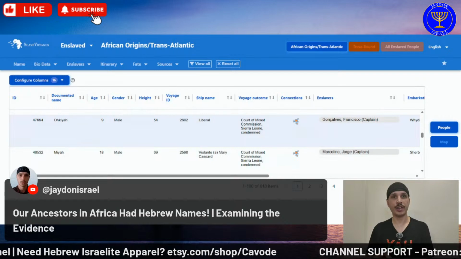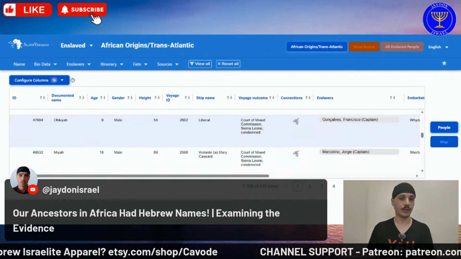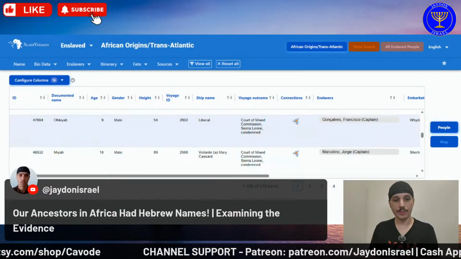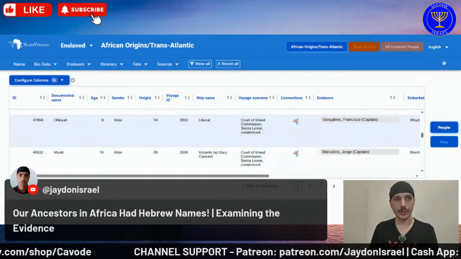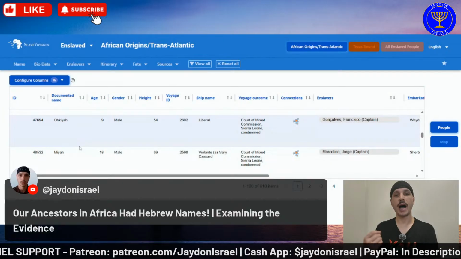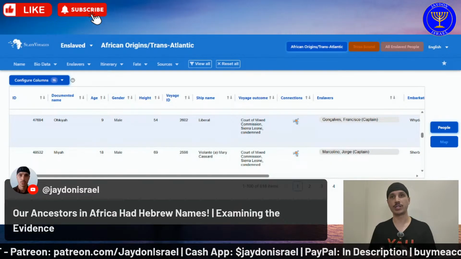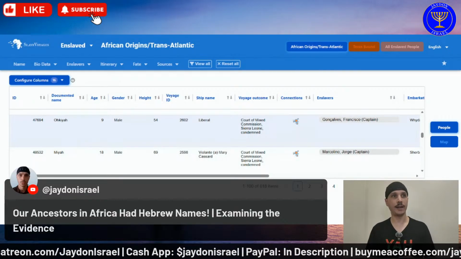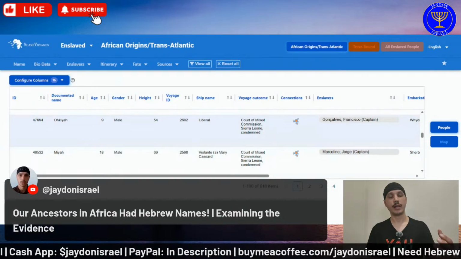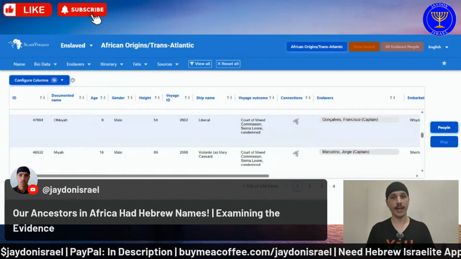It has other African linguistics. So I'm looking at these names and I can tell they're not, when I say pure Hebrew, I say that it's not biblical Hebrew names, but they're hybrid names. These names are a mixture of Hebrew and other African languages.